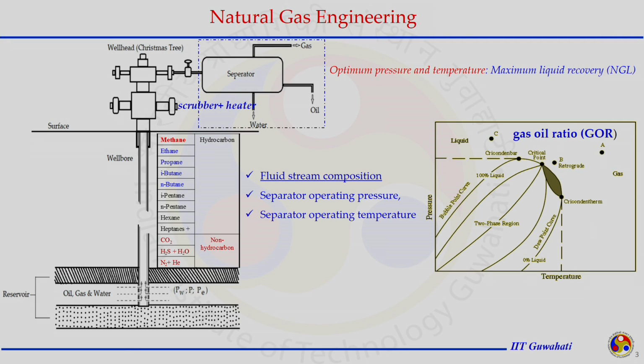From our phase diagram class, we understand that even gas compositions that are in the gaseous phase in the reservoir, when they are produced and reach the separator, experience a significant pressure drop. So, from the phase diagram we say A is the point, the reservoir temperature and pressure condition, where we have only gases.